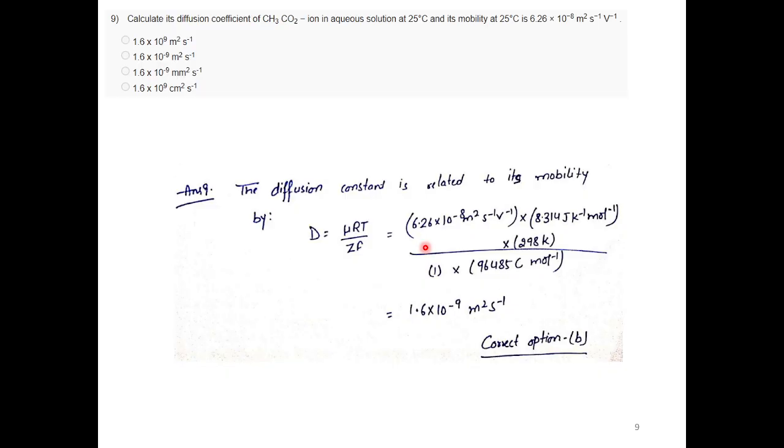The mobility is 6.26 into 10 to the minus 8 meter square per second per volt, and R is 8.314 J per K per mole, and 298 Kelvin, divided by 1 into 96,485 coulomb per mole. So it is coming around 1.6 into 10 to the minus 9 meter square per second.